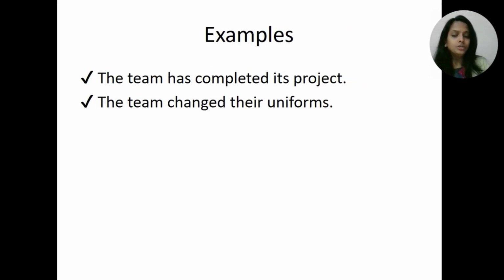Remember that. So, the team has completed its project. When we say team, that's a collective noun, so completed its project. However, if you focus on individual members, then plural pronouns can be used. The team changed their uniforms.